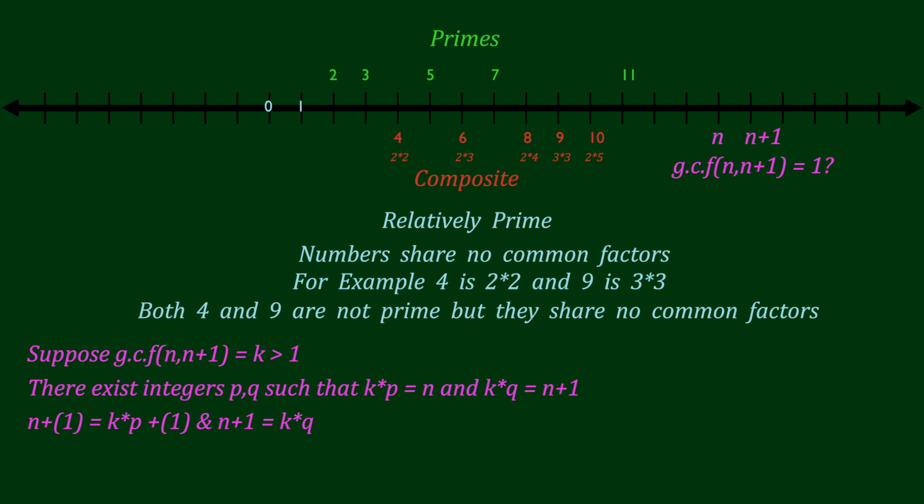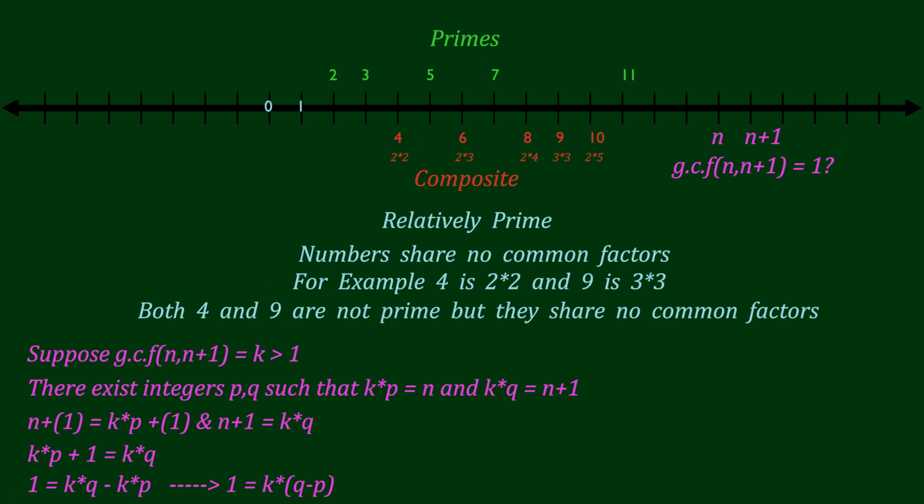We can now set these equal to each other and get pk plus 1 equals qk. We can now move over the pk to the other side and get 1 equals qk minus pk. Since k is a common factor for both terms, we get that 1 equals k times (q minus p).